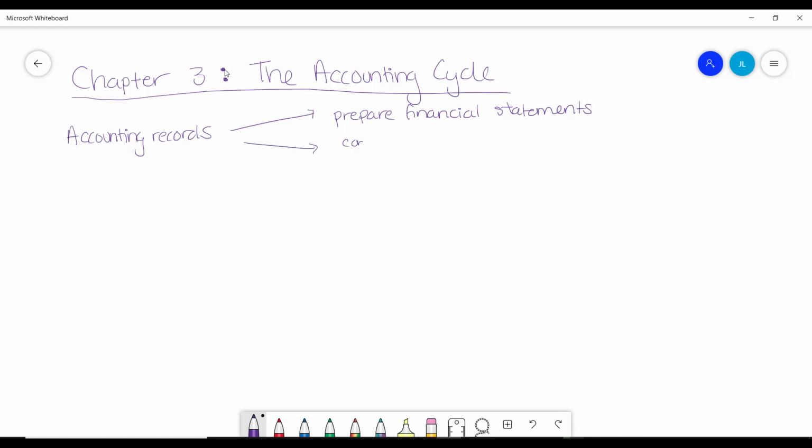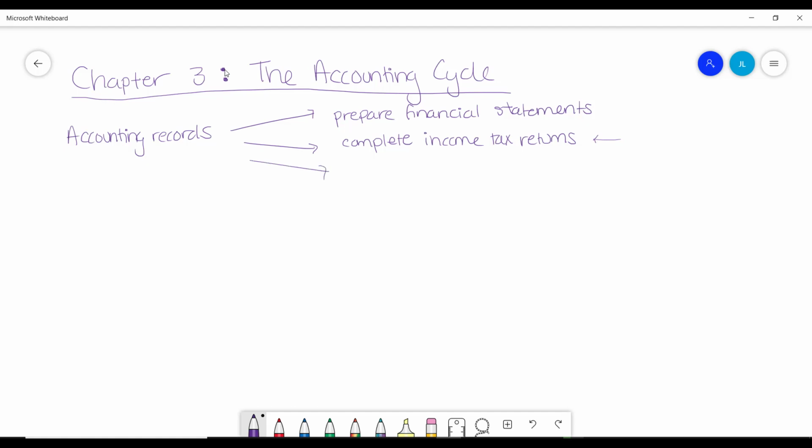Another thing is to complete income tax returns. When it comes to completing a company's income tax return, the balance sheet, the income statement, all of the relevant transactions, all of that information is used to complete the income tax returns. That's not the focus of this class, but just know that all of these records we're working with are also relevant when it comes to tax.